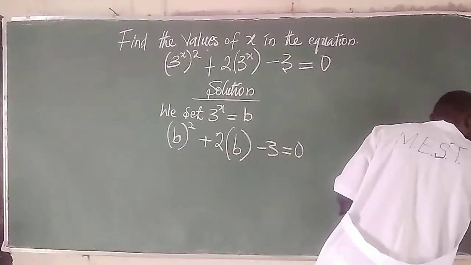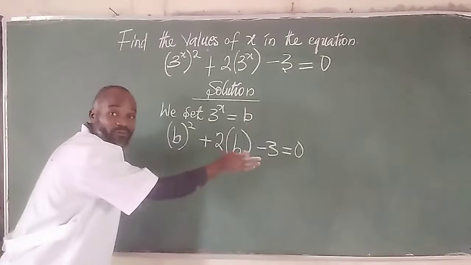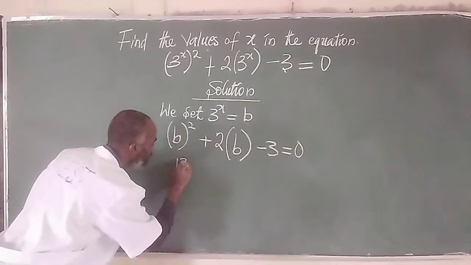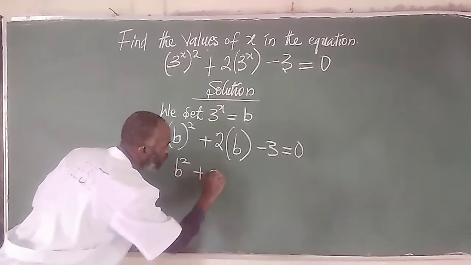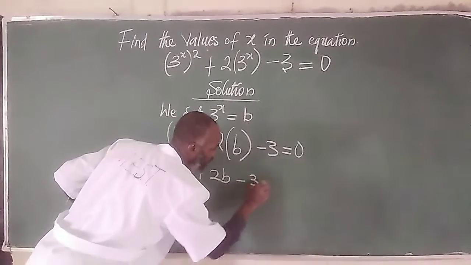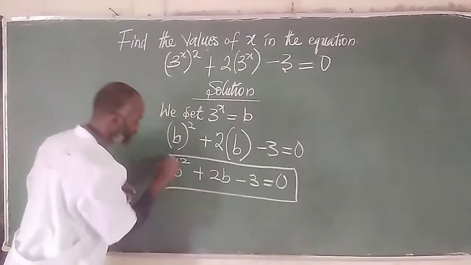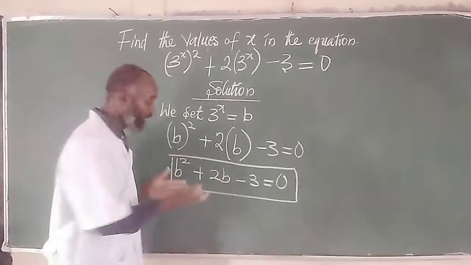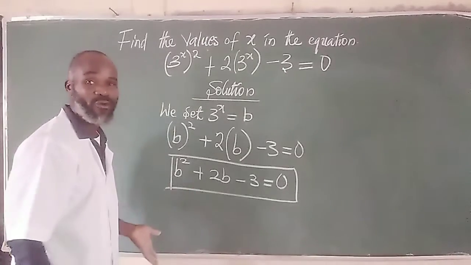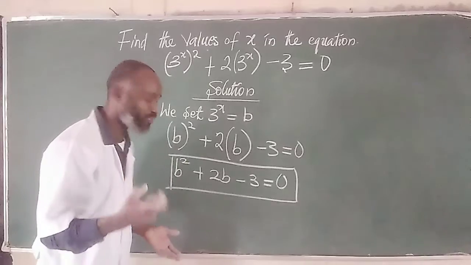Simplify further: we have b squared plus 2b minus 3 equals 0. At this point, we have generated a quadratic equation which can be solved using the factorization method.